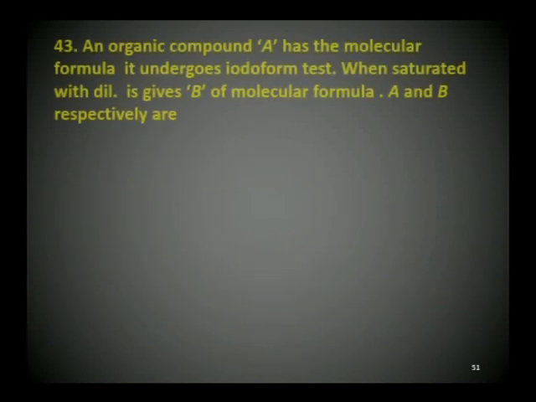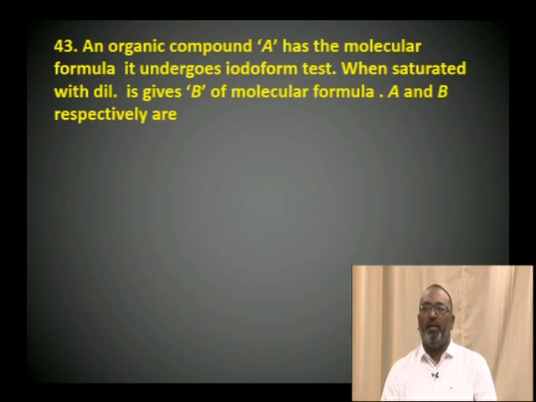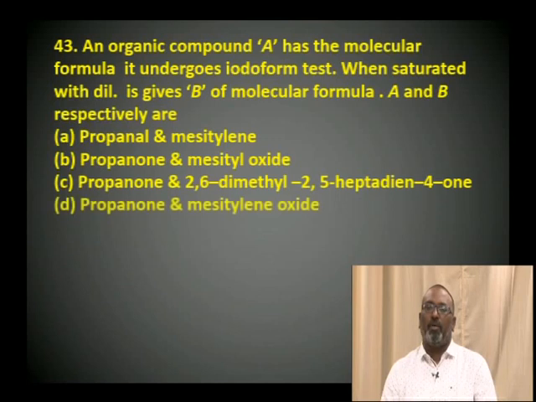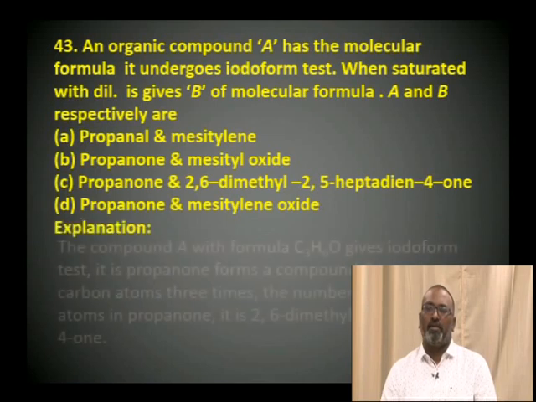Question number 43. An organic compound A has the molecular formula and it undergoes the iodoform reaction. When saturated with dilute H2SO4, it gives B of molecular formula. A and B respectively are: propanol, mesitylene; propanone and mesityl oxide; propanone, 2,6-dimethyl-2,5-heptadien-4-one; propanone, mesitylene oxide.